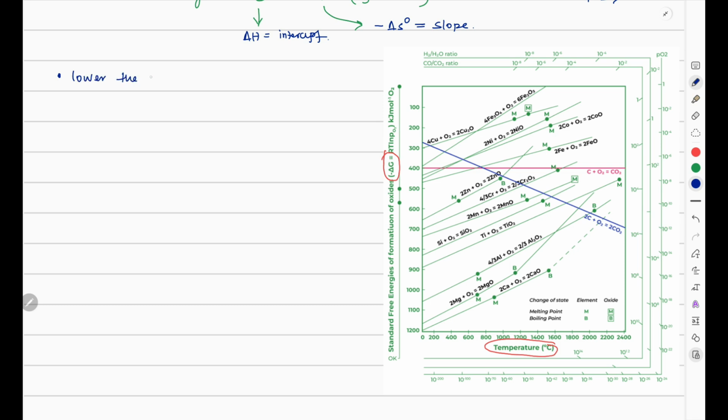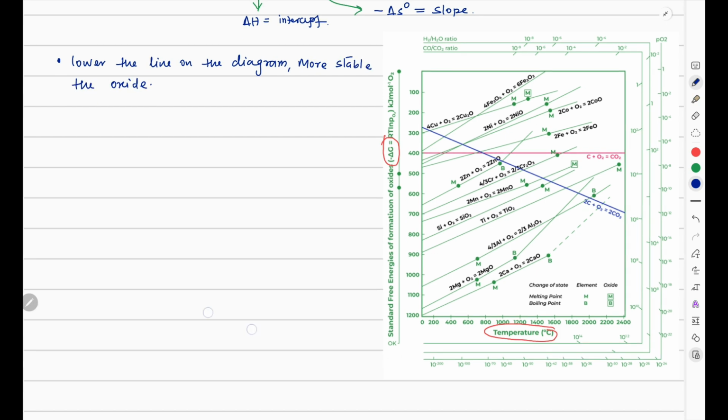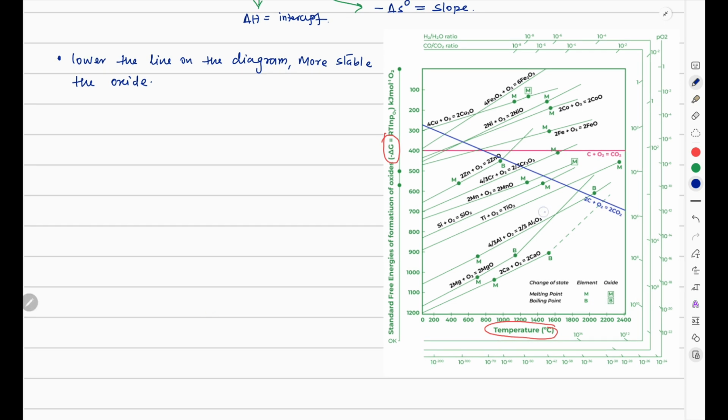Lower the line on the diagram, more stable the oxide. That means if some oxide forms lower in the diagram and some oxide forms upper in the diagram, then the oxide formed lower in the diagram is more stable than the upper one, which is less stable.